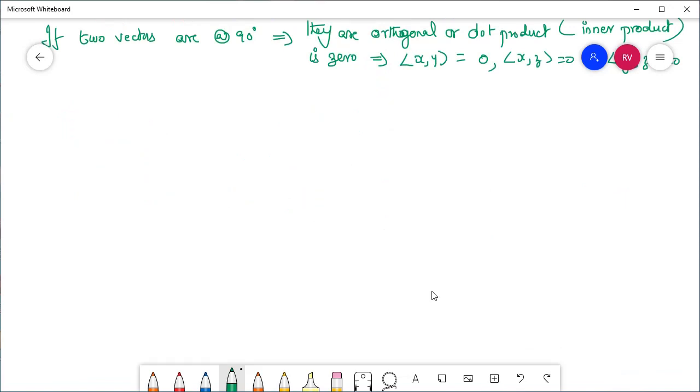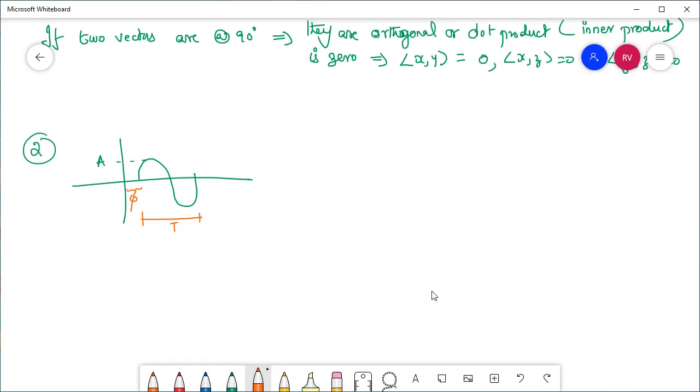Now assume a different scenario where I have a sine wave. A sine wave has some amplitude A, some time period t, and a phase phi. I represent this sine wave as y is equal to A sine omega t plus phi. This is phi 1, let it be called phi 1, and this is some A1.